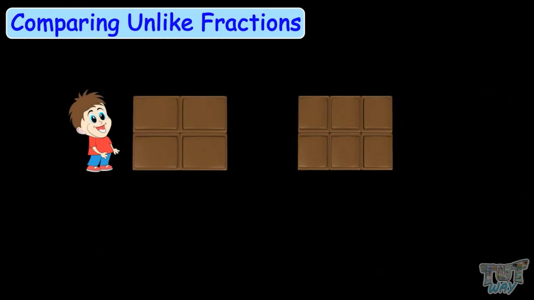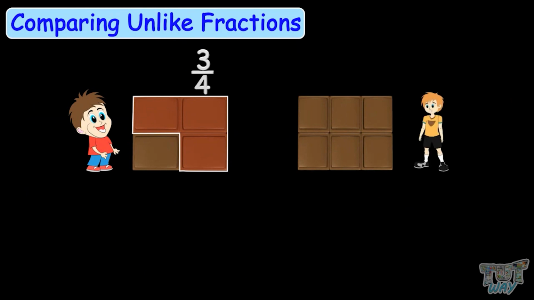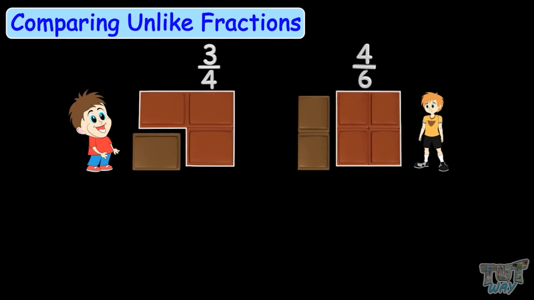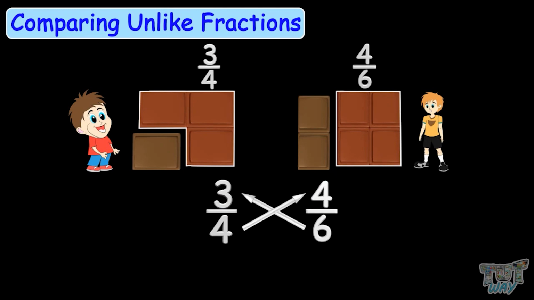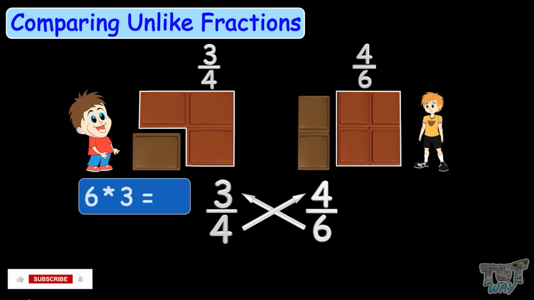One child has been given 3/4 of a chocolate, and one child is given 4/6 of the same size chocolate. Now, who got more? Take the two fractions to be compared and multiply the denominator of the one with the numerator of the other, like this. Multiply 6 by 3.